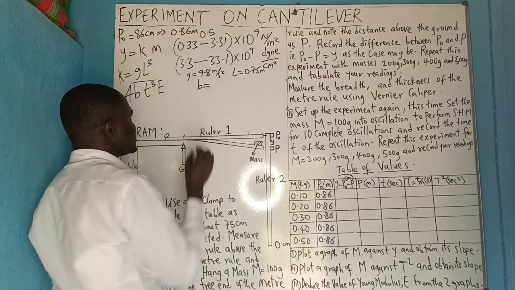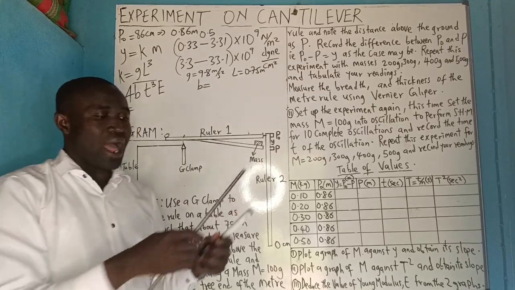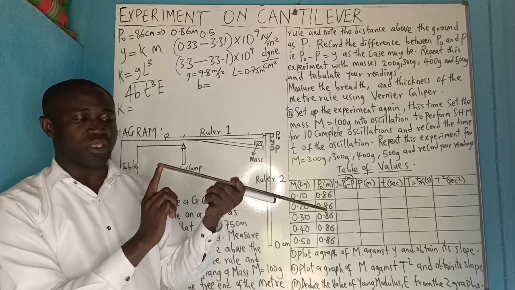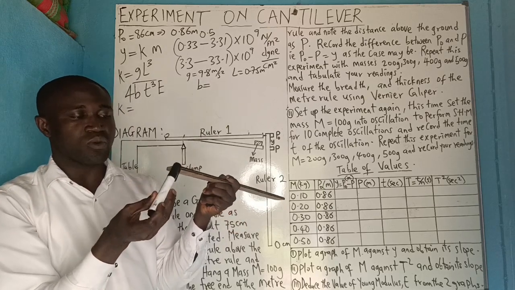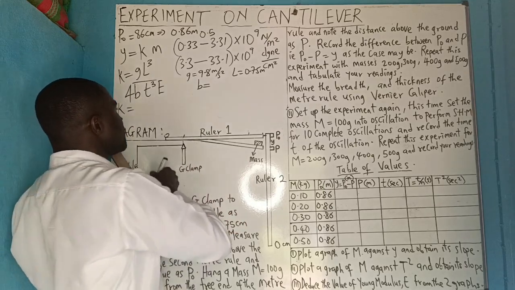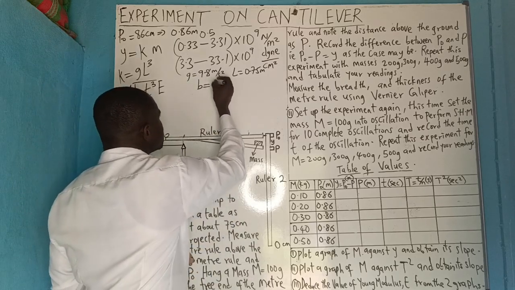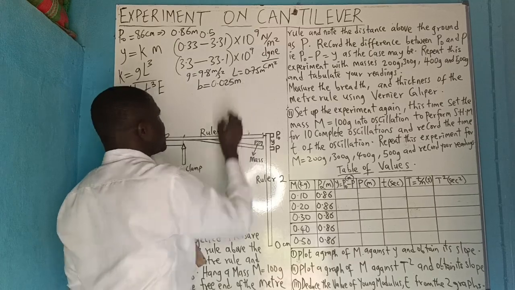Now the breadth of the meter rule, I use the vernier caliper and measure from here to here. The breadth gave me 2.5 centimeter, which is equivalent to 0.025 meter.